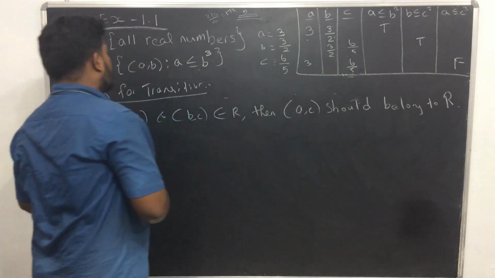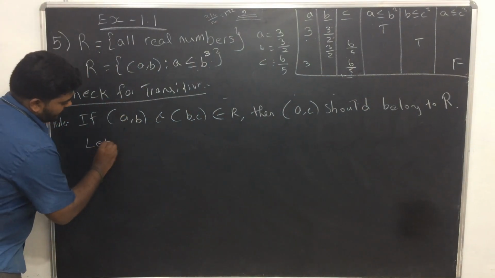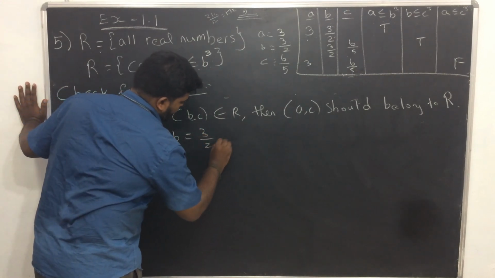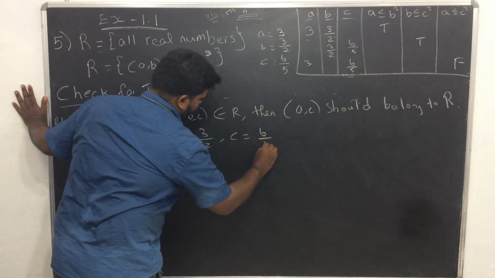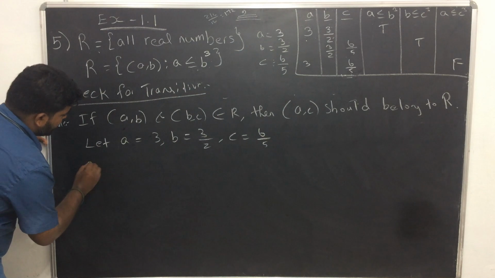So, now let's start with an answer. Let A be equal to 3, B equal to 3 by 2, and C equal to 6 by 5. For these three elements, let's start checking the relation.